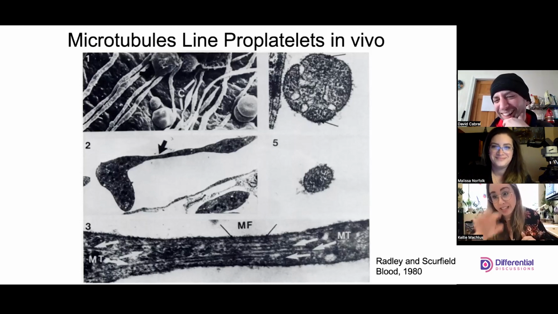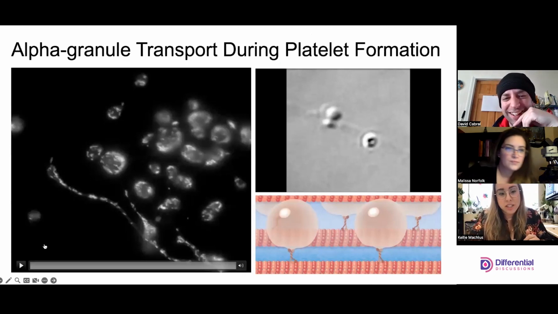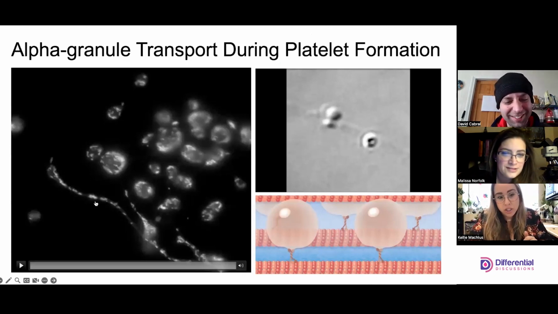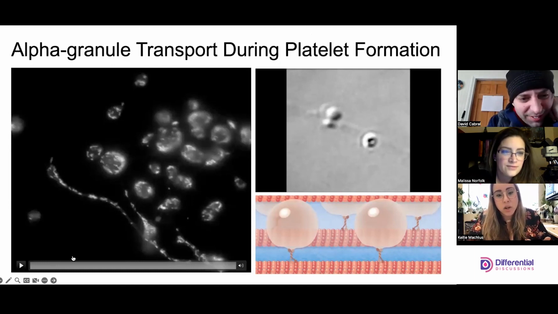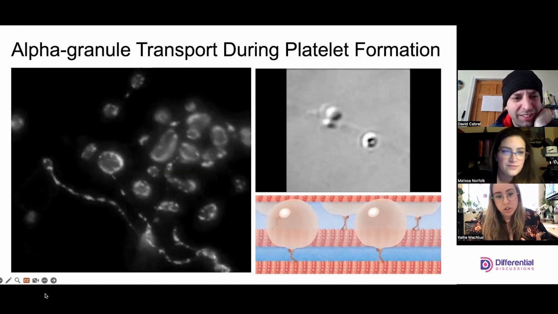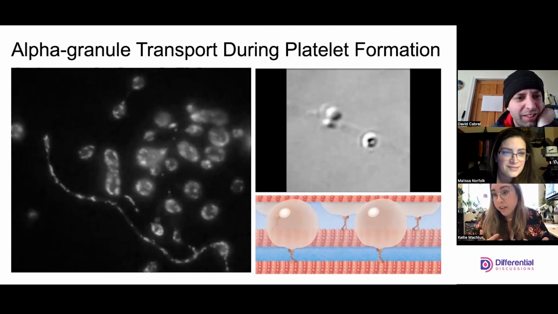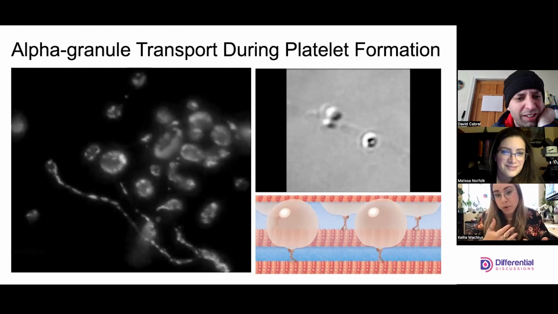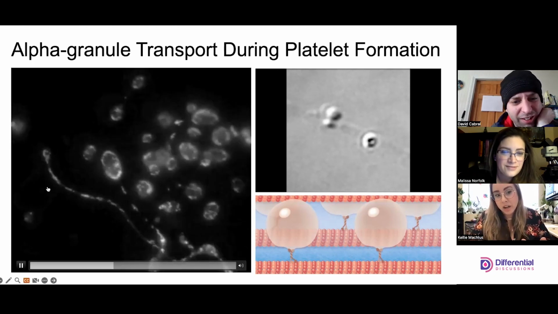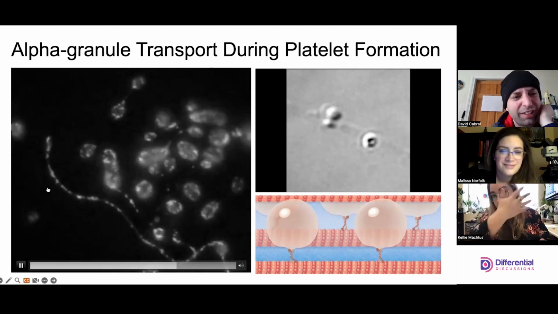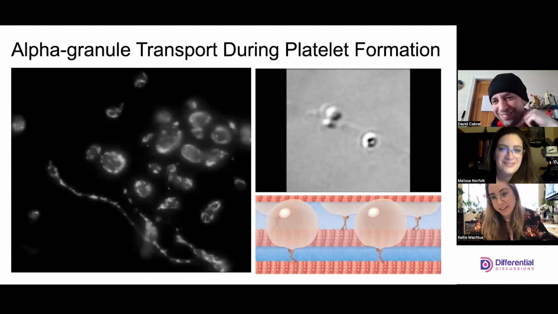To get into the tips, which then become the platelets. So this is a video where you'll see the extending proplatelets, and what is labeled are the alpha granules. Basically, the alpha granules are trafficked down the proplatelets and wind up in the tip.